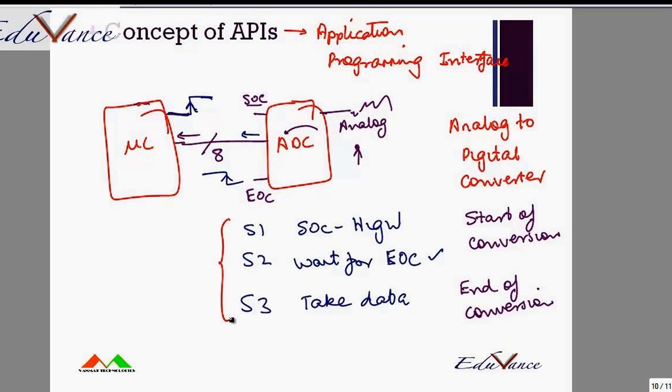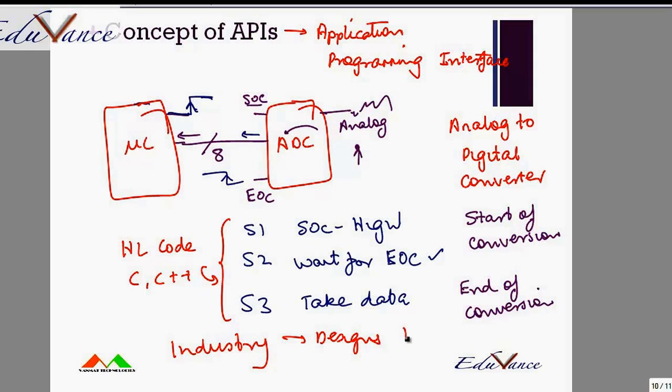So every time that I want to write a program that wants to read data from the ADC, I have to write a higher level code in C or C++ which has to do this. Do you agree?